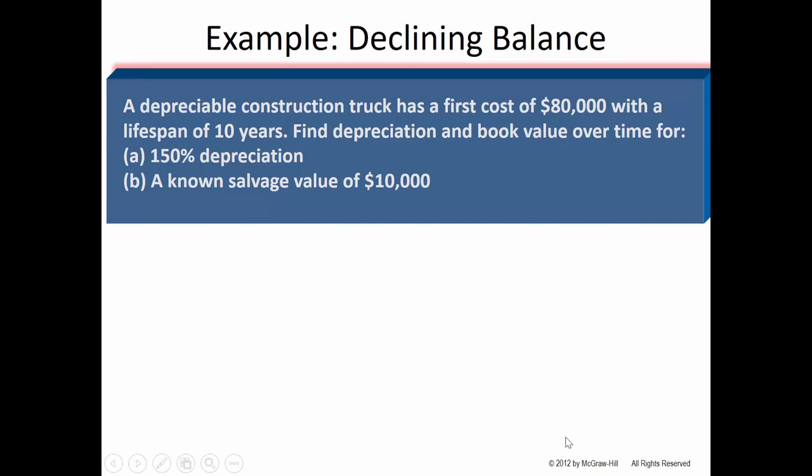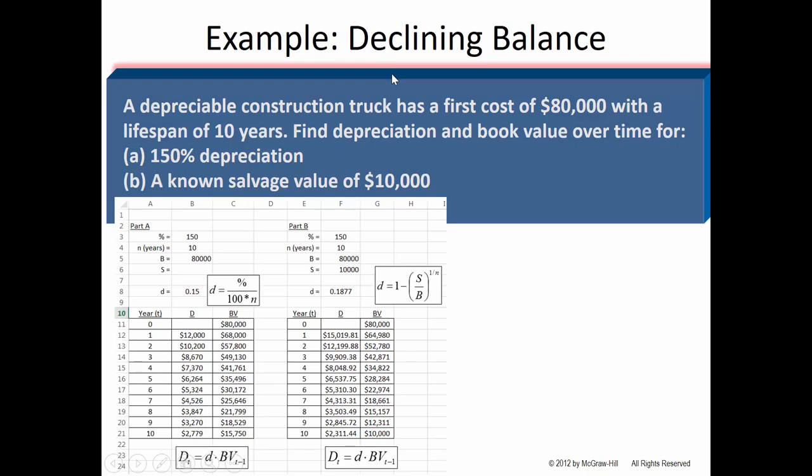Okay, so let's get some practice with this, just as an illustration. If you had a piece of equipment like a construction truck that had a first cost of $80,000, and you know that the depreciation period is 10 years. Just to show the difference between when the percentage is given directly versus when a known salvage value is defined, this spreadsheet shows that what I did was 150% is given.